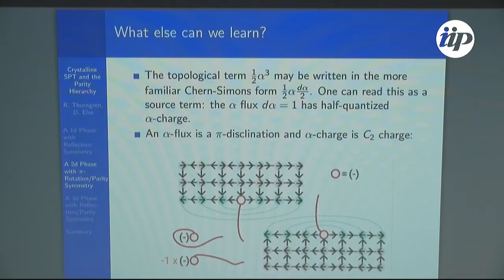An alpha flux, and you need to read Dominic and my paper more to learn about this, is the same thing as a disclination, a crystal defect of an angle pi, which you can think of as like gluing together an upper half plane of this material. And then something funny happens at the intersection, or at the singularity. Because of that, if you apply two parity transformations, you get -1. So it fractionalizes the parity symmetry on the crystal defects.